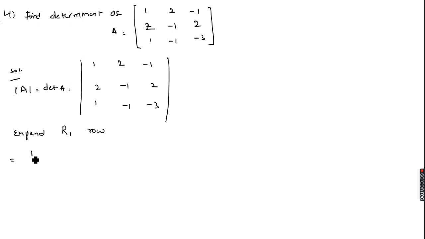So that is nothing but 1 into minor of 1, minus 2 into minor of 2, minus 1 into minor of minus 1. Minor is nothing but removing the corresponding row and column. For 1, it is the first row and first column.